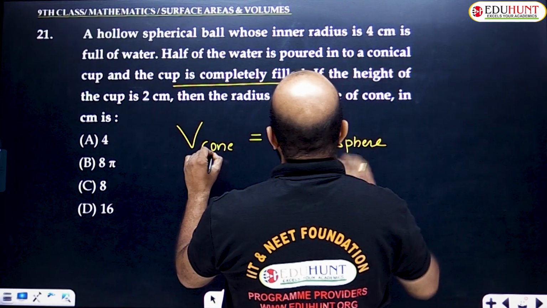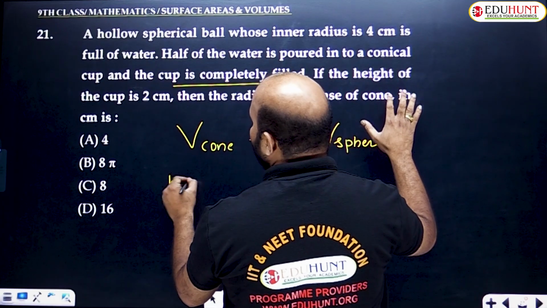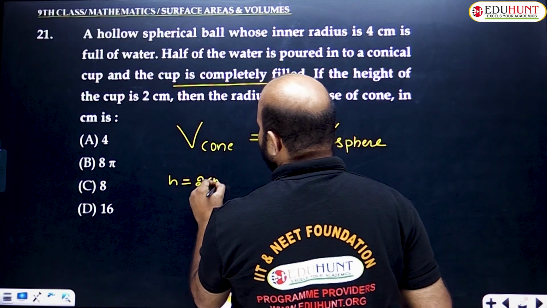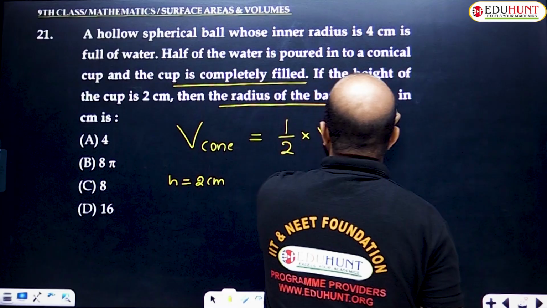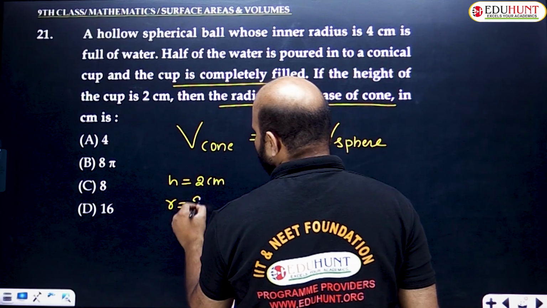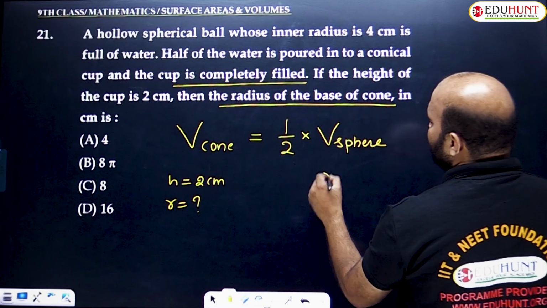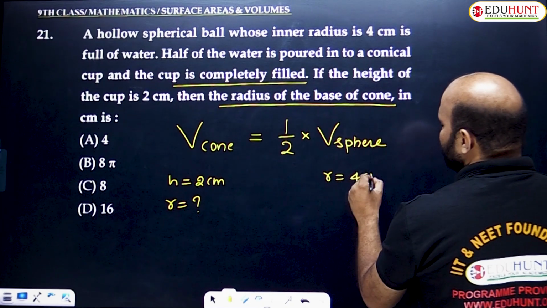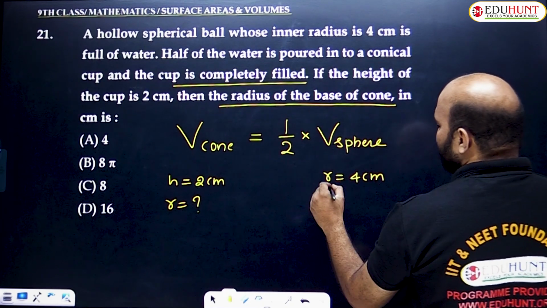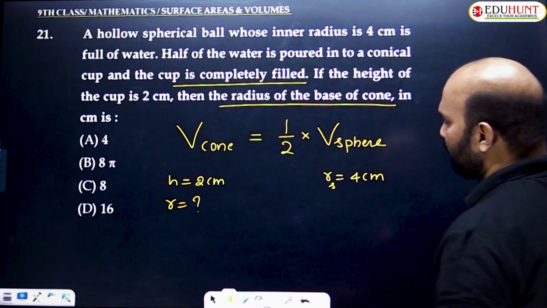So based on that, the cone height given is 2 centimeters. But the question asks for the radius of the base of the cone. The inner radius of the sphere given is 4 centimeters. Here R stands for the radius of the sphere. So what are the formulas?